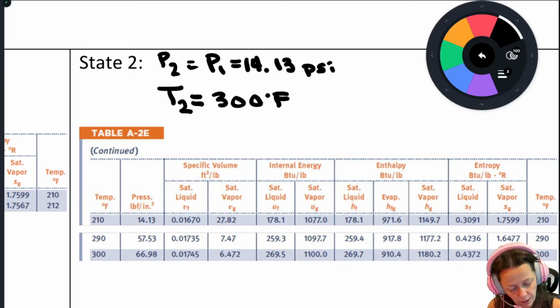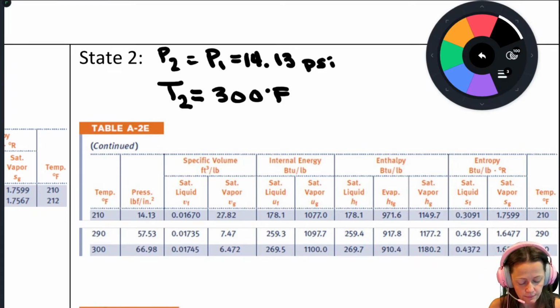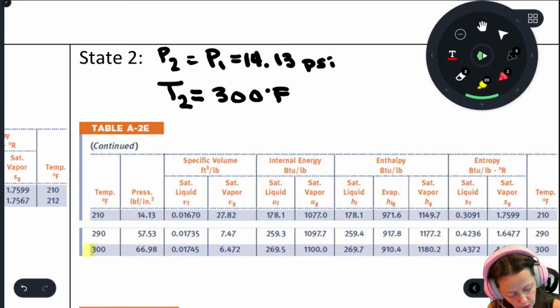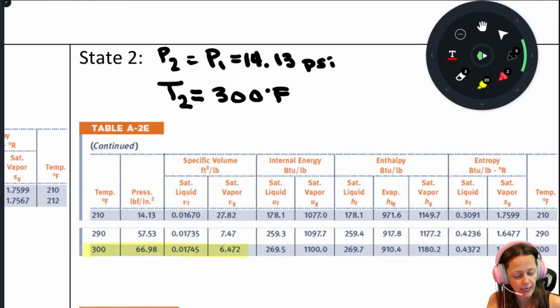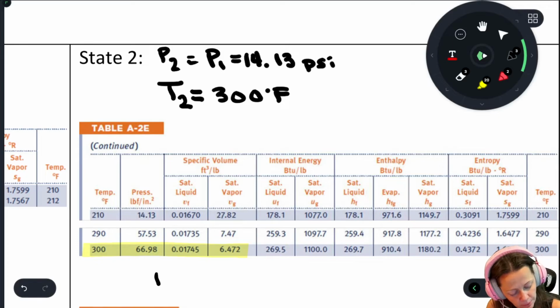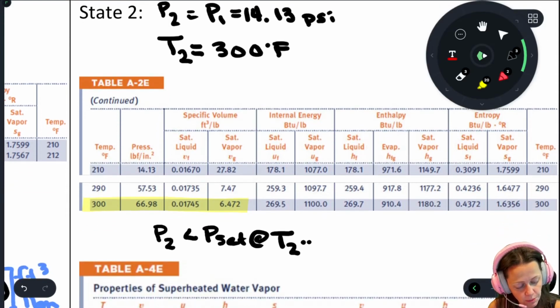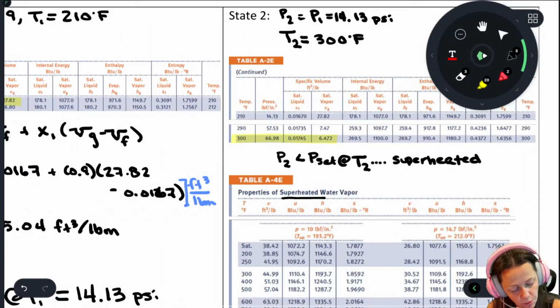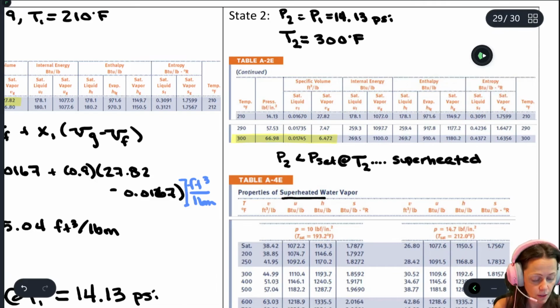I'm here in table A2E, organized by temperature. So 300, there we go, 300 degrees Fahrenheit. My saturation pressure is 66.98, and my pressure P2 is less than Psat at T2, which means that I'm superheated and I need to get out of those saturated tables and go to my superheated tables.